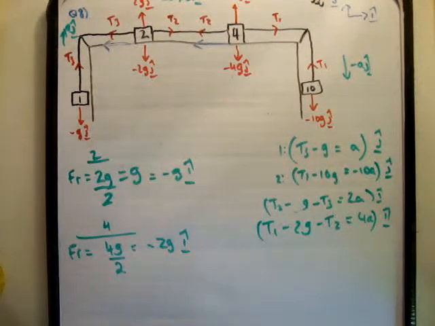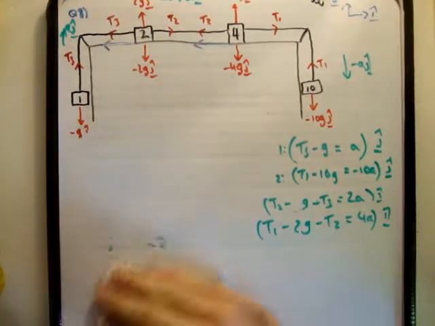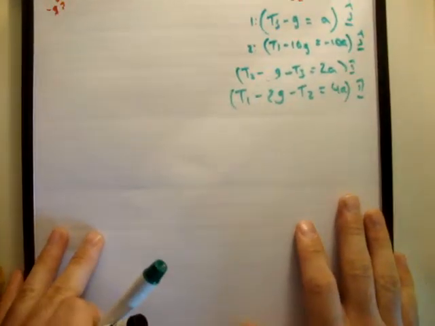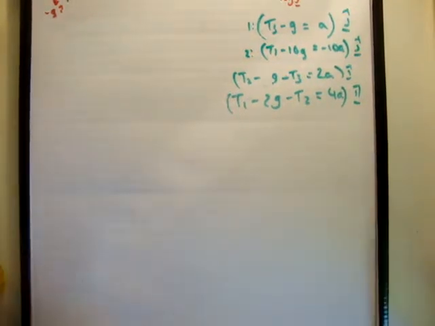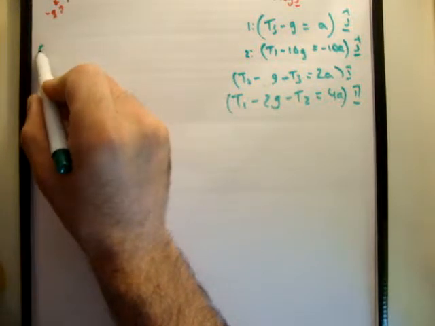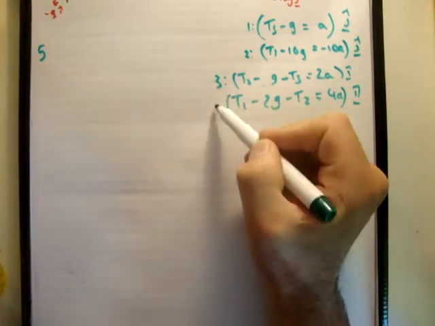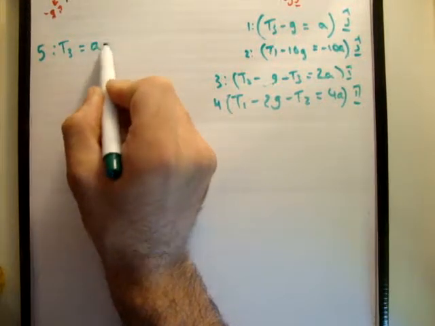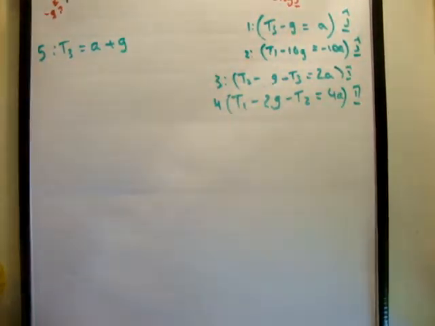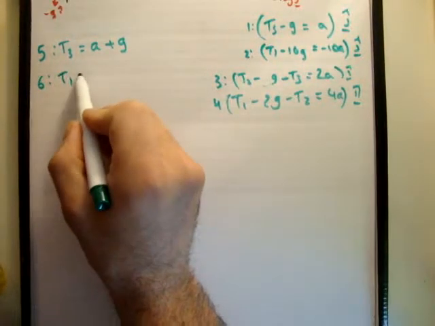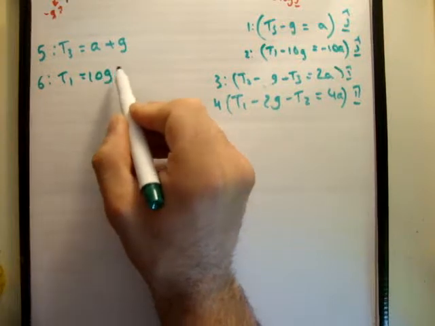Alright, so this time it's going to be the exact same procedure, and we'll see how we get on. So let's renumber these. From equation 1 we're going to get equation 5: T3 is equal to A plus G. From equation number 2, we're going to get that T1 is equal to 10G minus 10A.